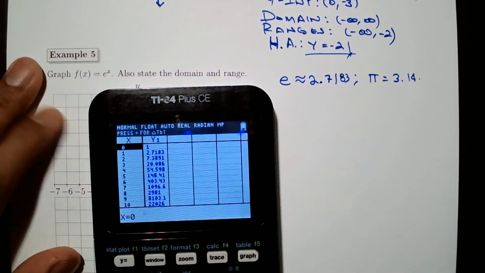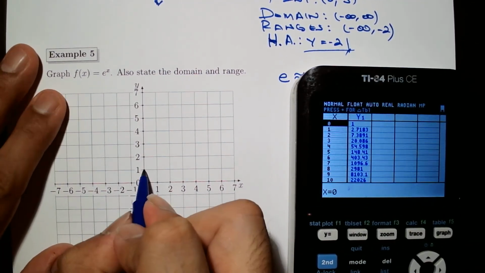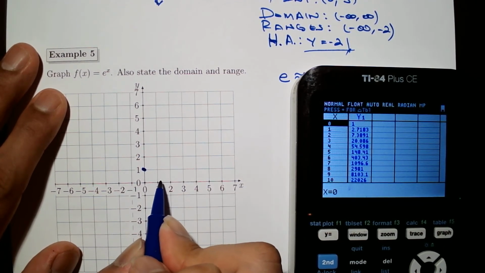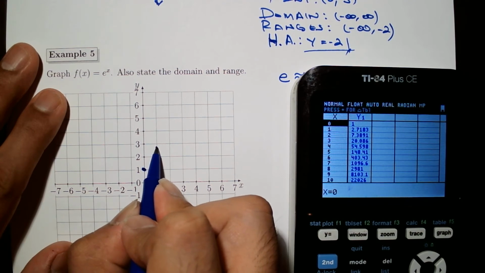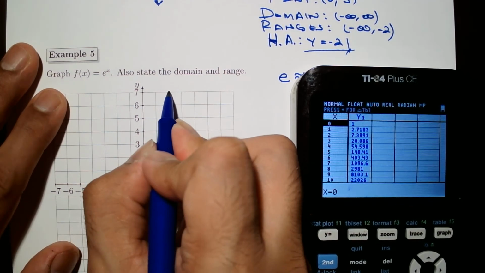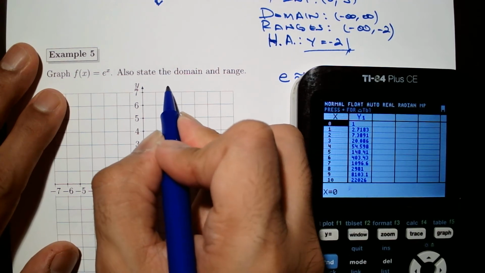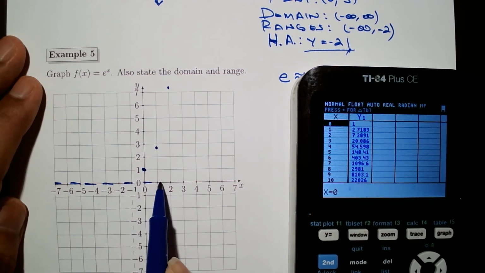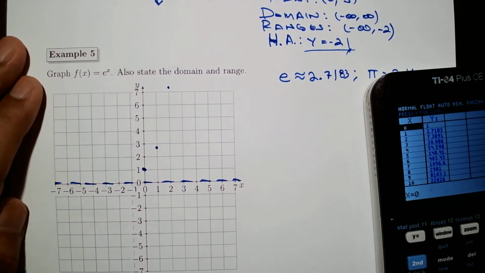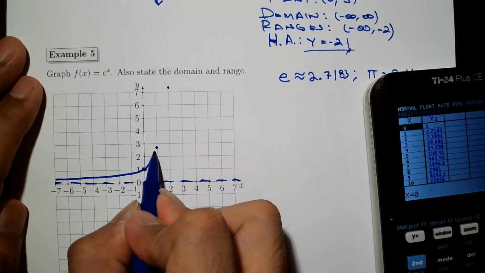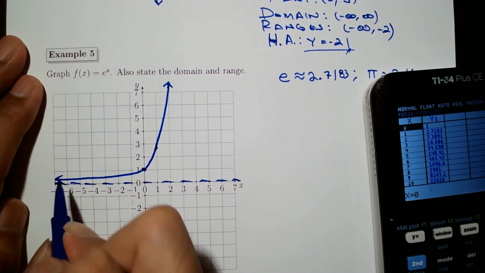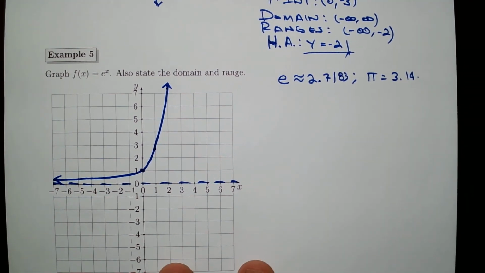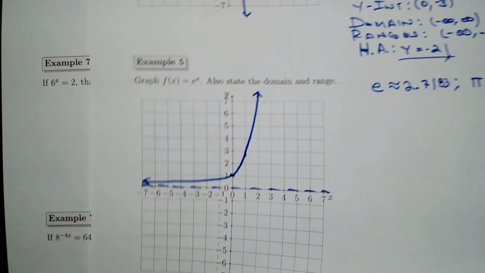So (0, 1), (1, 2.71) roughly, and (2, 7.3) roughly here. And then the horizontal asymptote remains the same. And let's draw the graph of this. Alright, so this is all of it as far as graphing exponential functions.